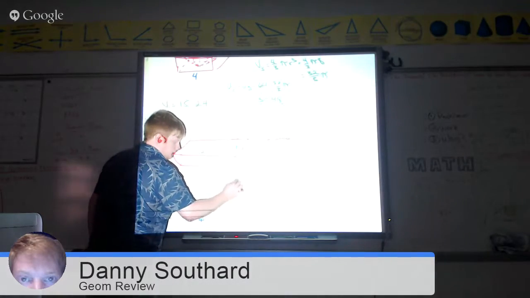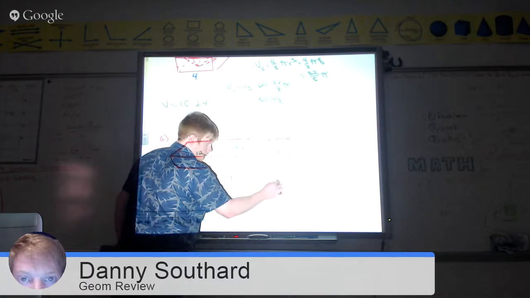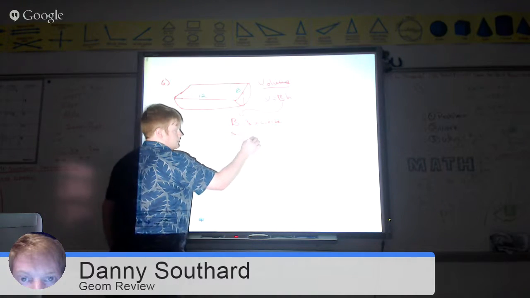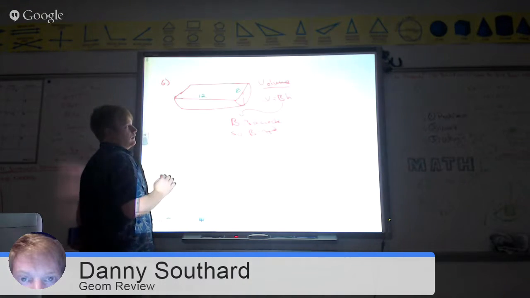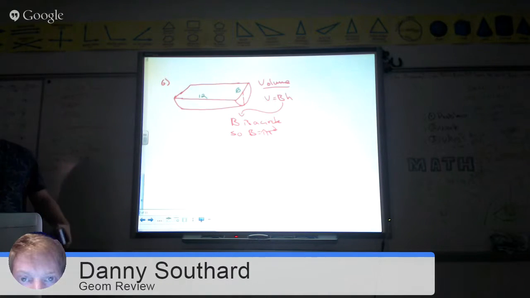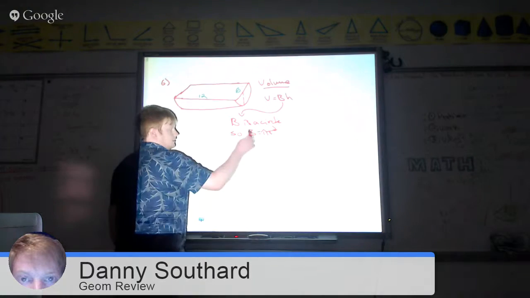Here's how I would find it. Big B is a circle, so isn't it pi r squared? So big B is pi r squared. What is the radius of this?